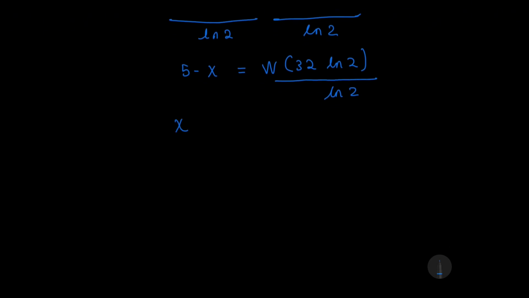If we solve for x, we'll have 5 minus W, which is the Lambert function, of 32 ln 2, divided by ln 2.